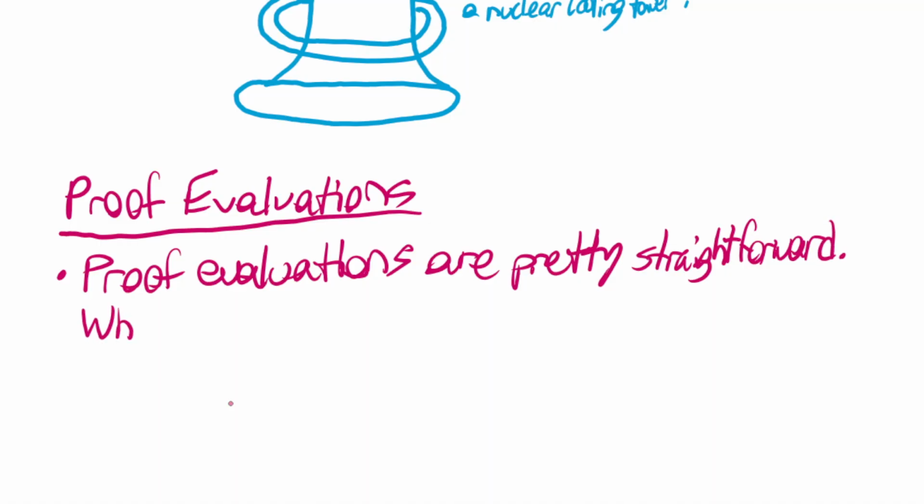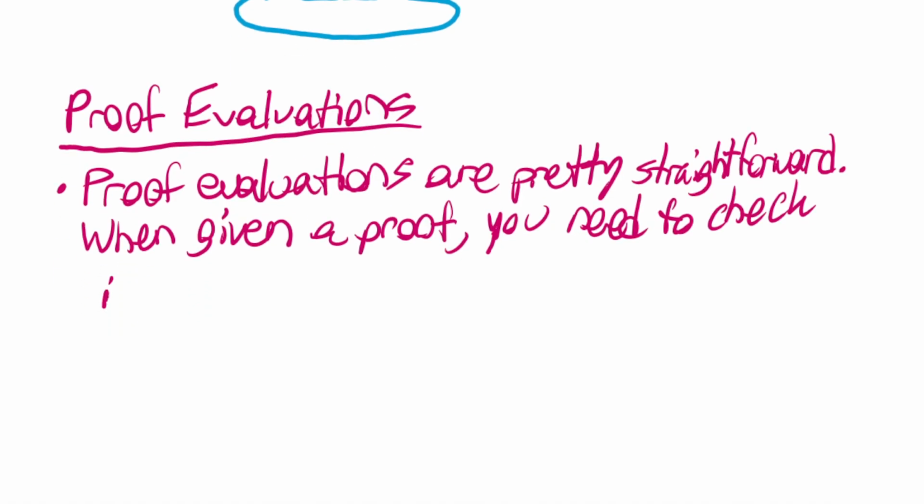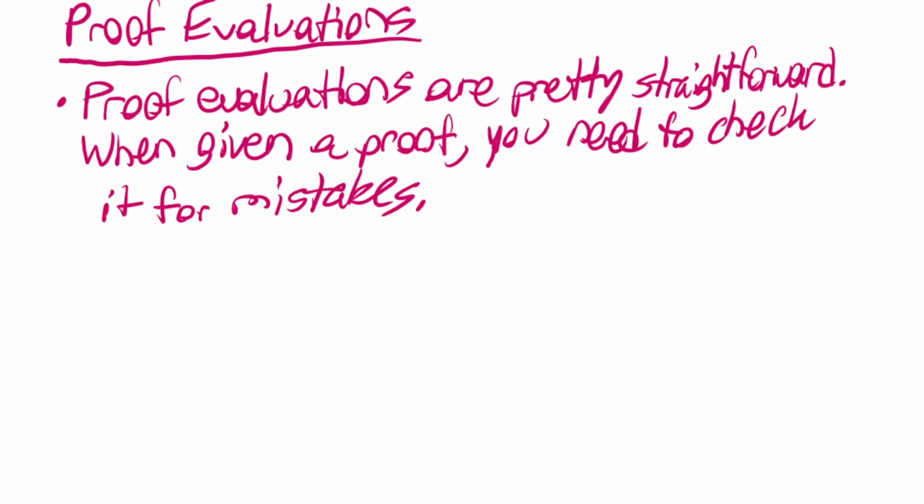So, when given a proof, you need to check it for mistakes. Obviously this is just a really simple definition of what a proof evaluation is, and we'll look at a proof evaluation here in a few seconds, and you'll see what mistakes you want to look for when evaluating a proof that someone wrote.